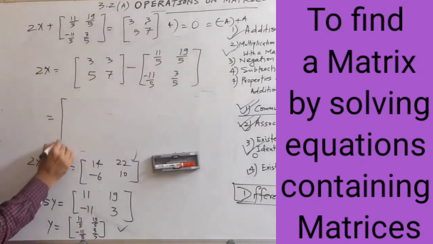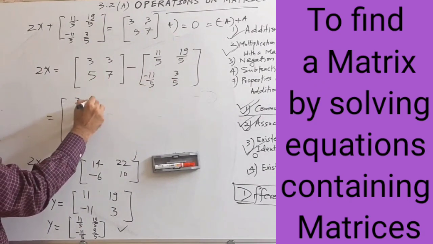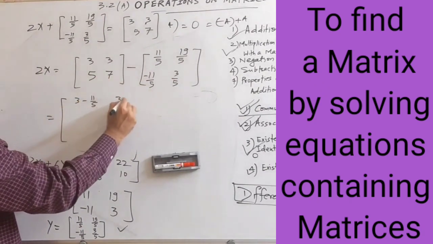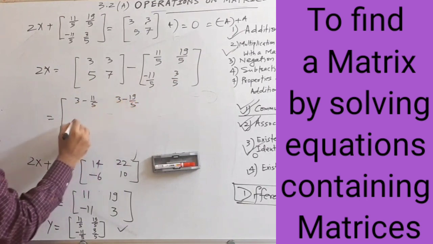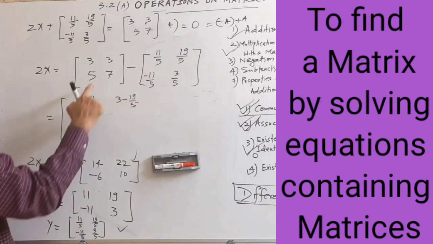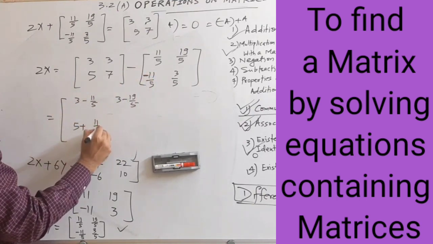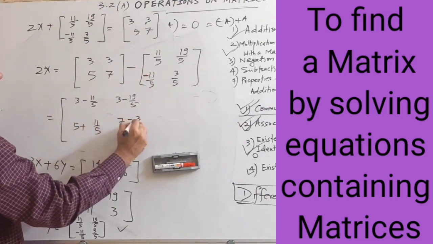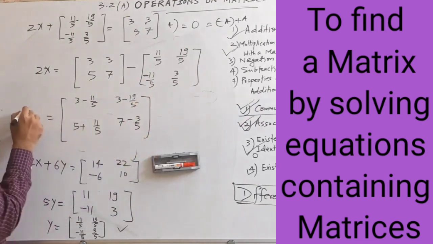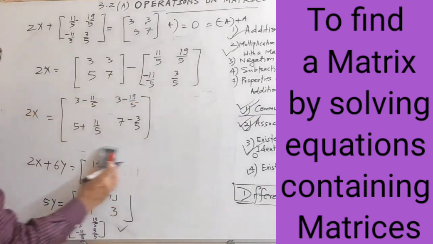Now we subtract the corresponding elements. 3 minus 11/5, 3 minus 19/5, 5 minus negative 11/5 is plus 11/5, and 7 minus 3/5. This is the value of 2X.